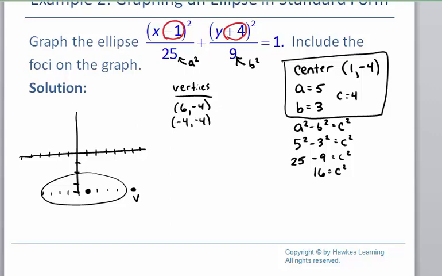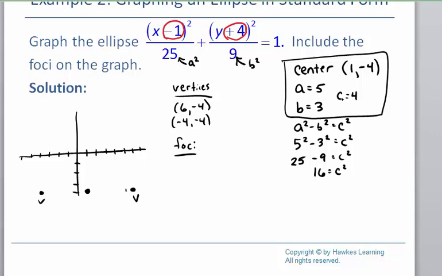Okay, so I'm going to go ahead and clean this up a little bit so that we can see what we've got. Vertex, vertex.